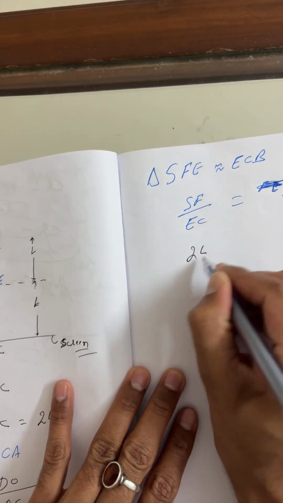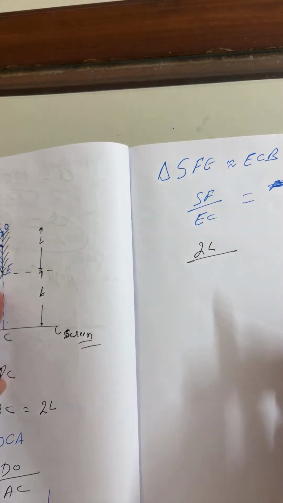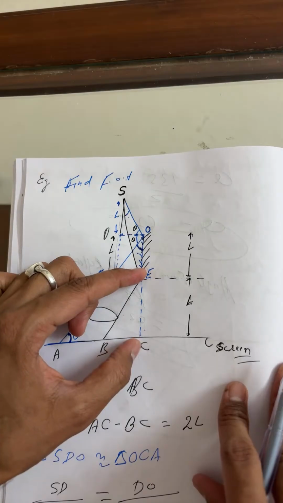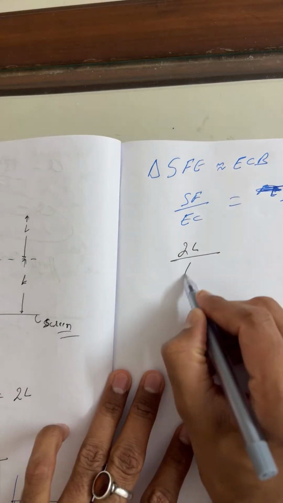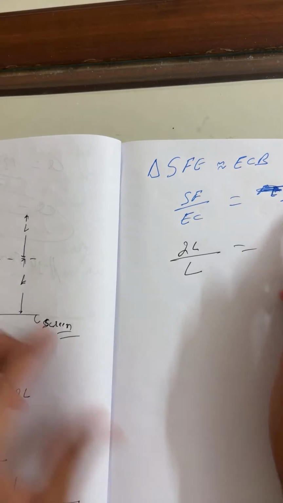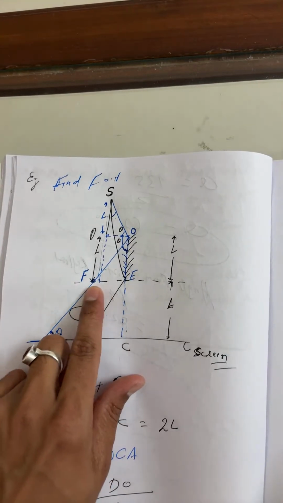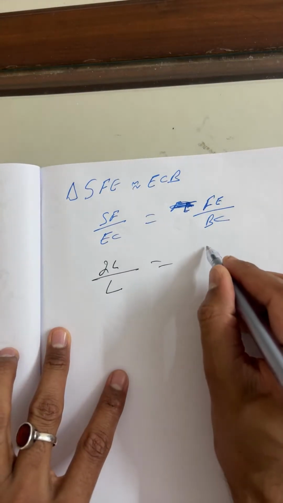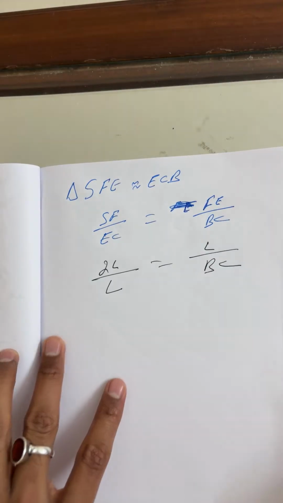And EC, have a look at the diagram, is L. This is equal to FE. What is FE here? It remains L. So we can say L here. BC is to be found.